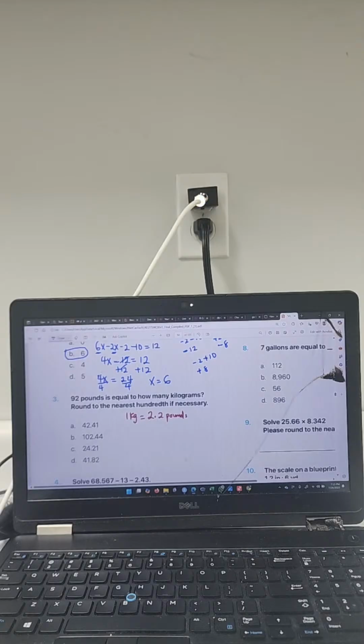Now, that is 1 pound equals 1 over 2.2. Approximately, 1 divided by 2.2 should be equal to 0.4545, something like this. Now, here we have 92 pounds. So it's equivalent to how many kilograms?